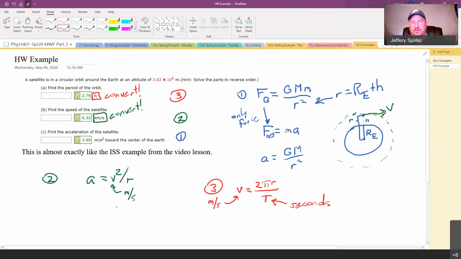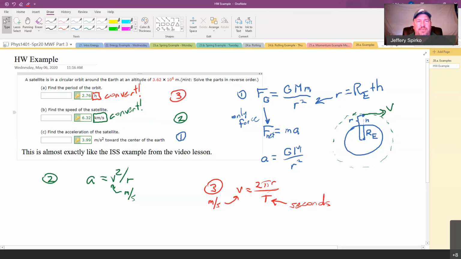So you want to use the raw meters per second value you got out of part 2 in order to solve part 3. But when you give your response for part 2, you want to make sure you give a response that is in kilometers per second. So your internal number for calculation purposes and your announced number are slightly different. You announce a sometimes rounded, but sometimes different units version of the quantity.